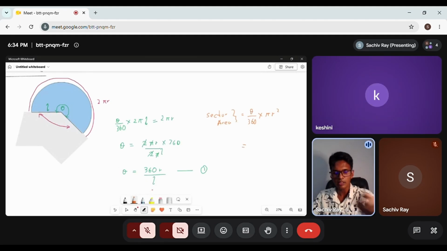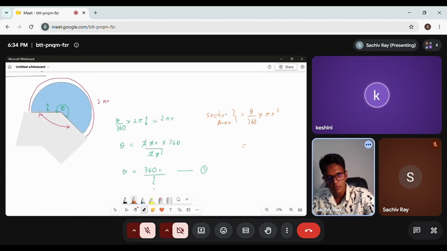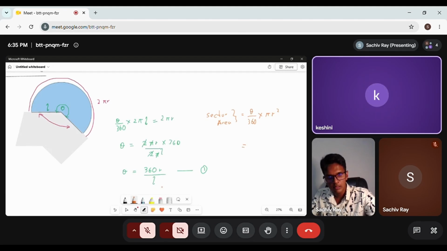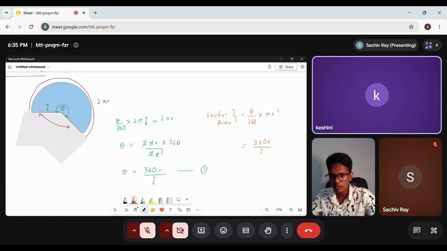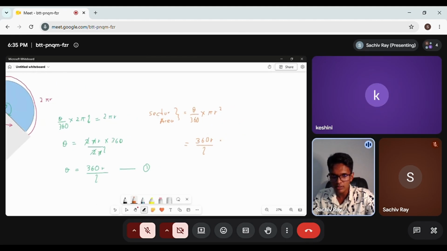What is the value we found for theta? 360 r over L. So what we have to do is substitute that. 360R over L. Since this is a division, we can write it like this, divided by 360. Clear? Yes, sir.